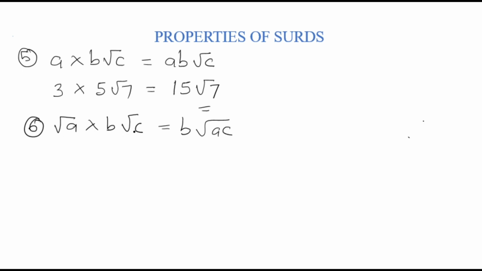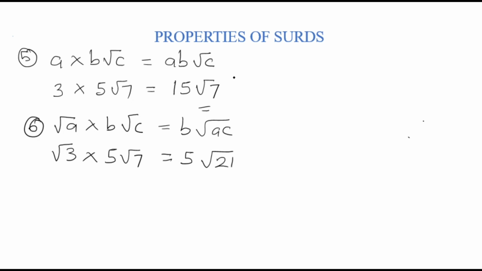Square root of A and square root of C are under the square root and hence come under one square root since they are multiplying each other. Square root of 3 times 5 square root of 7. And this gives us 5 root 21.